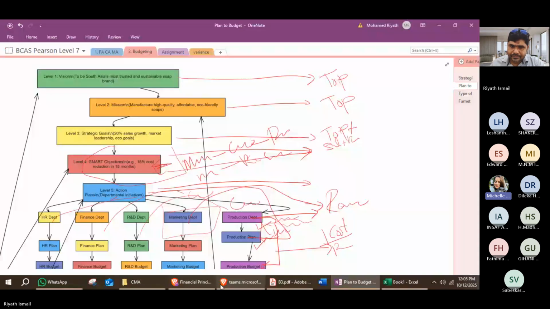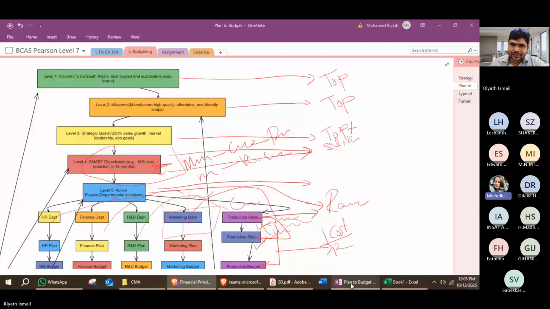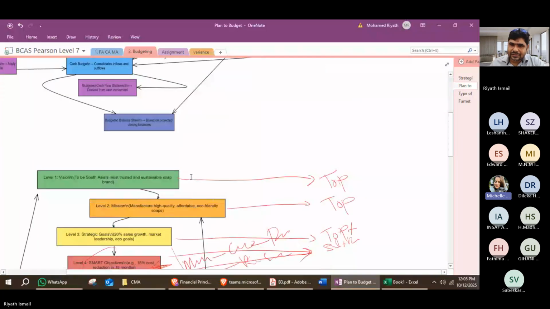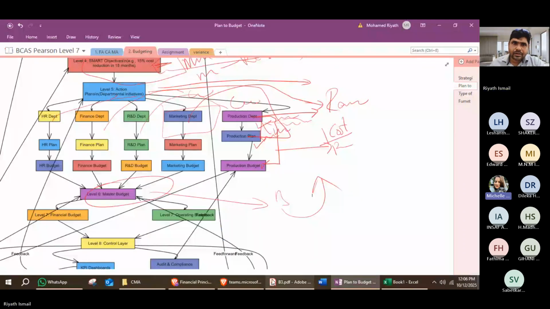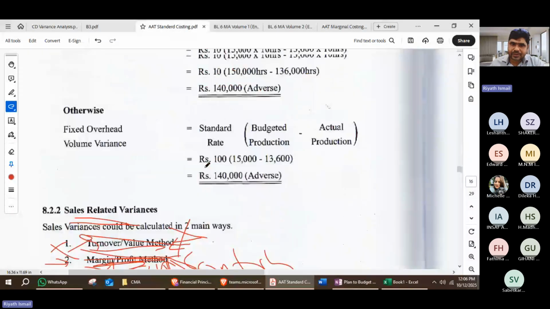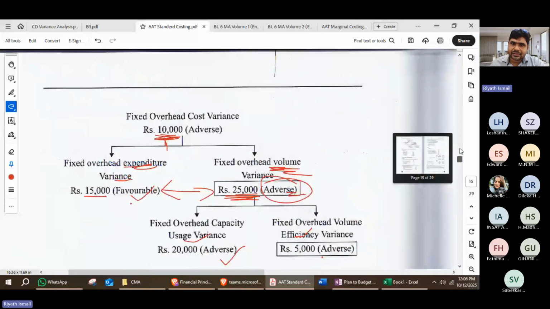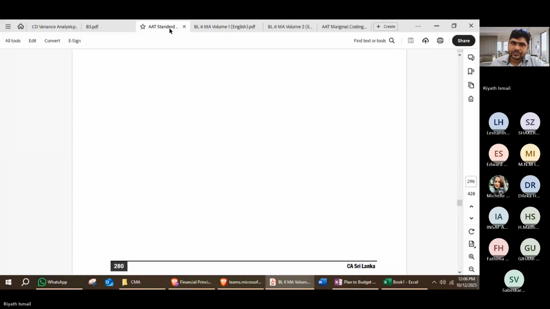Sir, but these notes, can we get those? The documents? Which note? The ones you are teaching, with the examples and everything. If we could get the study material. Do you want this one? Okay, I can share this on WhatsApp. No issue.